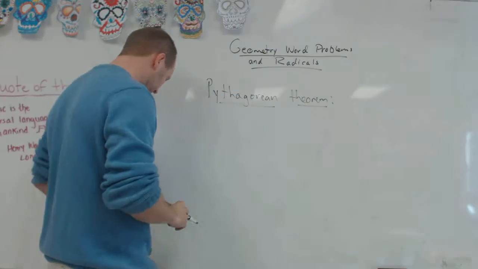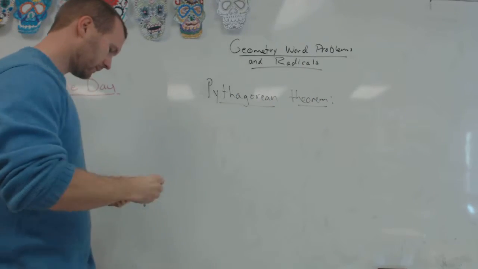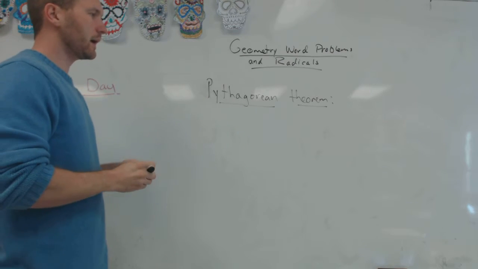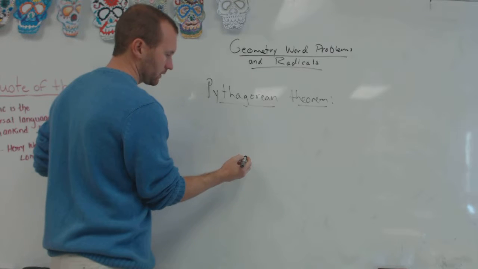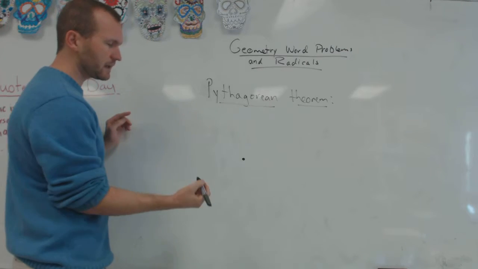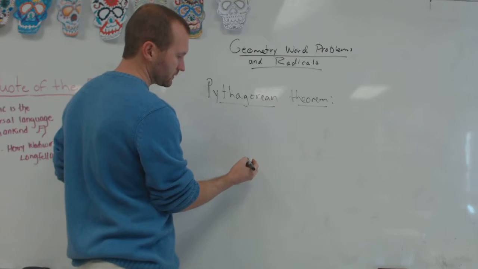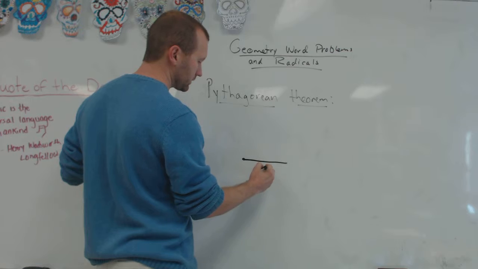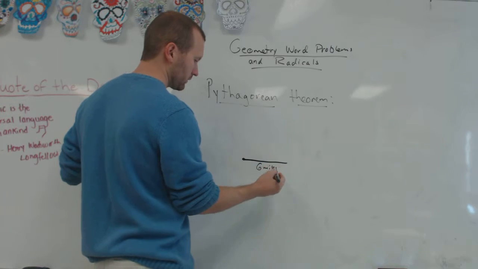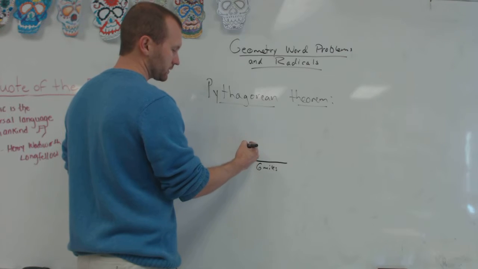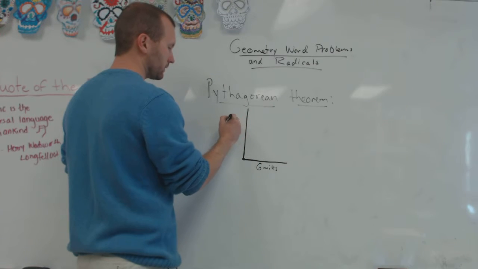Another type of problem you might see is, let's say we have a point here, right? And we say something like, so-and-so walks 6 miles east. And then so-and-so walks 8 miles north.